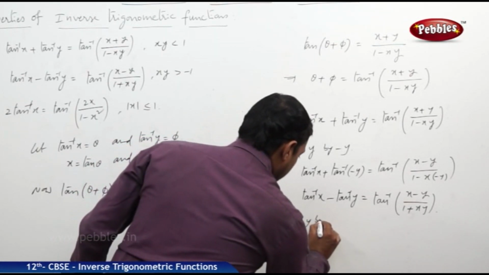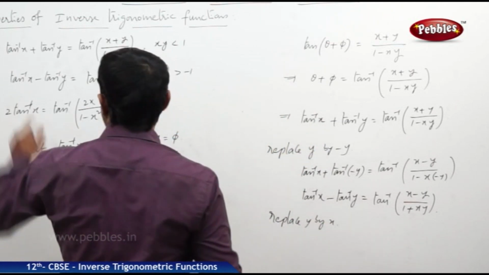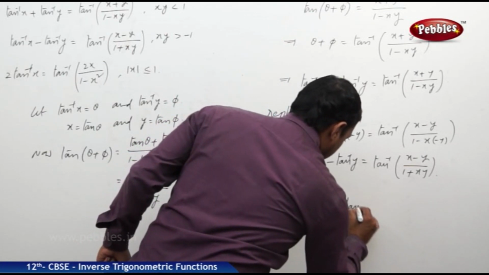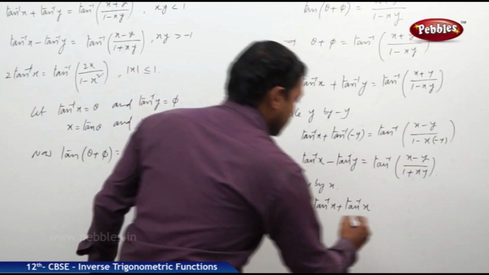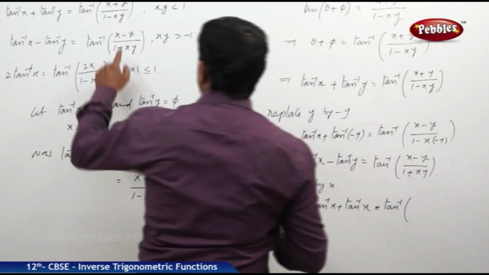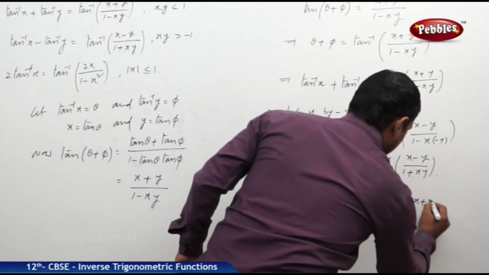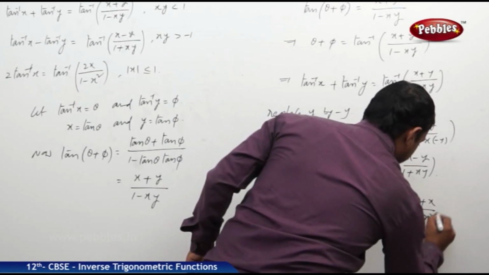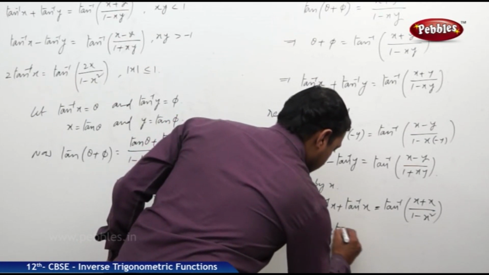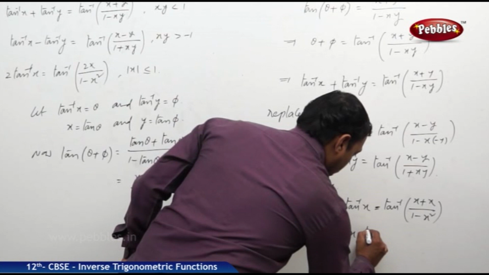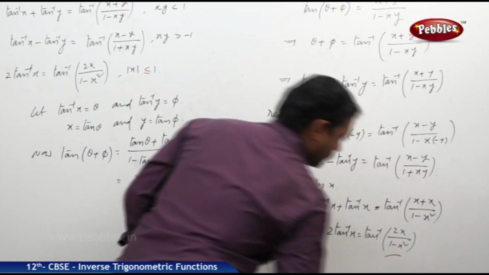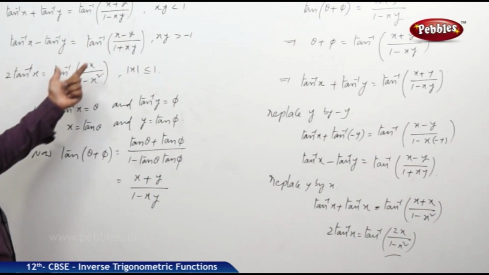Then tan inverse x plus tan inverse x is equal to tan inverse of x plus x by 1 minus x into x, that is x square. Therefore, 2 tan inverse x is equal to tan inverse of 2x by 1 minus x square. Hence, the third property is also proved.